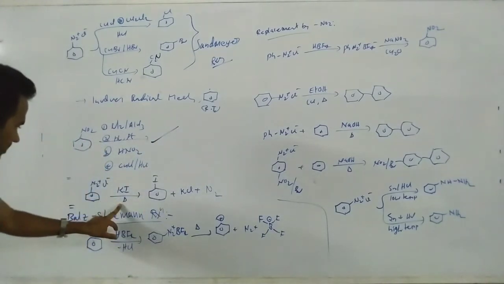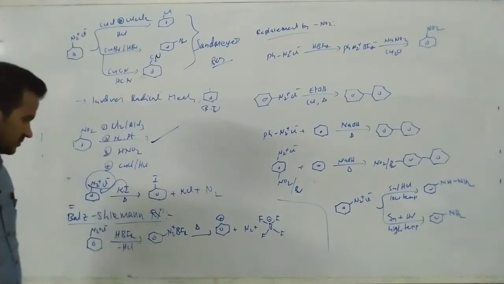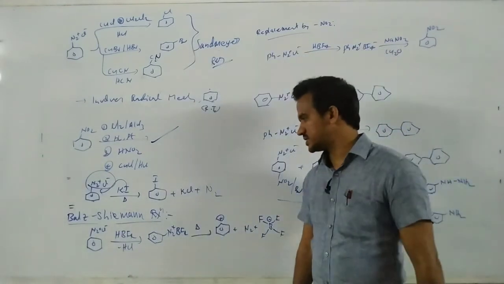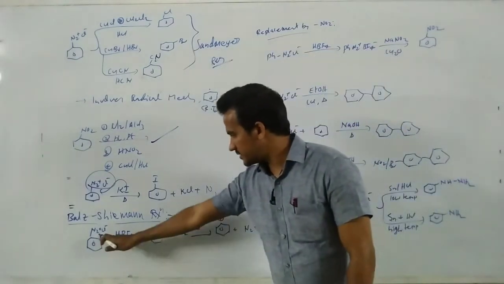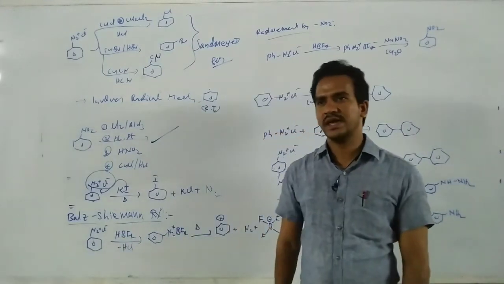This diazonium salt on treating with potassium iodide is replaced by I minus. Okay. Next, the Balz-Schiemann reaction. This diazonium salt on heating with HBF4, tetrafluoroboric acid.